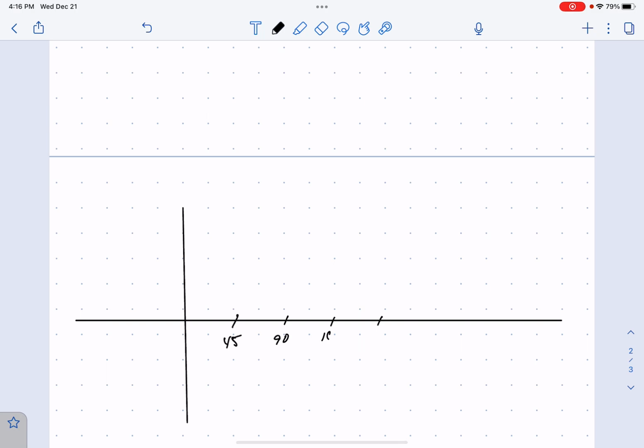So I know I want 45, 90, 135, and 180. But I also know that it's going to be shifted to the right another 180 degrees. So I need enough room to be able to go 1, 2, 3, and look at that, just made it. Beautiful. Otherwise, I'd be moving my vertical axis back a little bit. So this is another 45, so that's going to be 225.